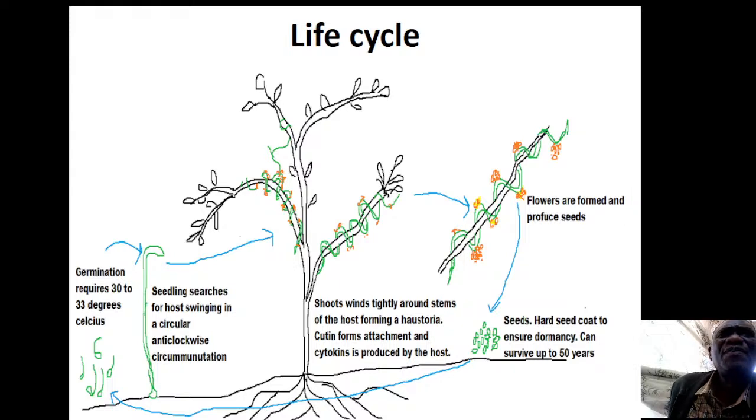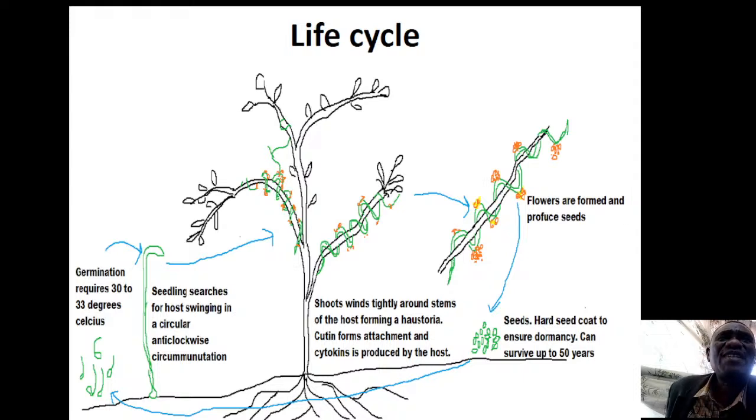For its attachment, it uses cutin and some cytokinins so that it is attached to its host. It's now part of the host. Then it forms flowers in the last stages, then produces a seed.